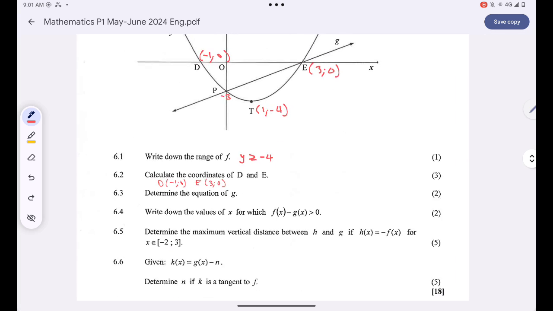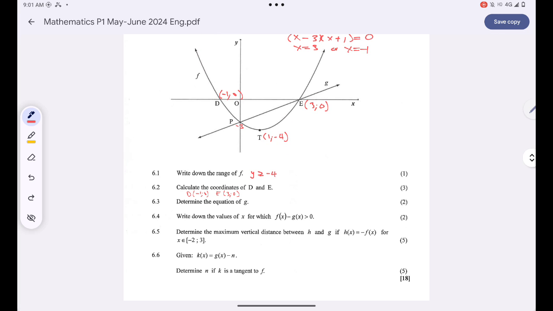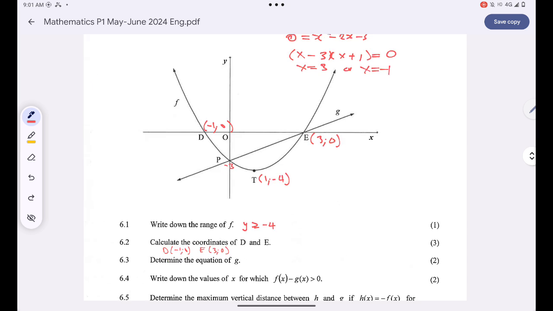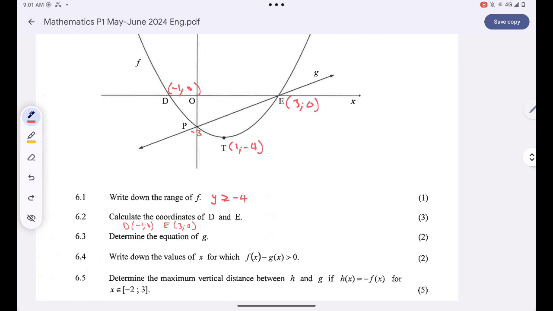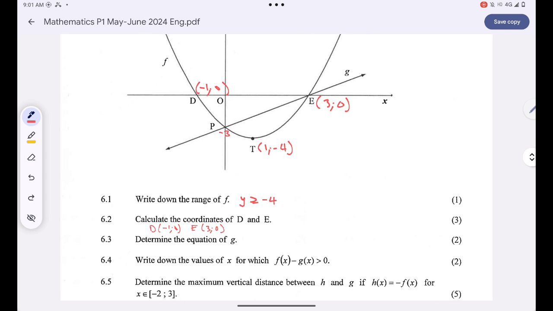And then now they want us to determine the equation of g. g is the straight line that intersects f of x at both P and E. So g of x is equal to mx plus c because it's a straight line. However, we know the value of c because both of the graphs have a common y-intercept. So this is equal to mx minus 3.